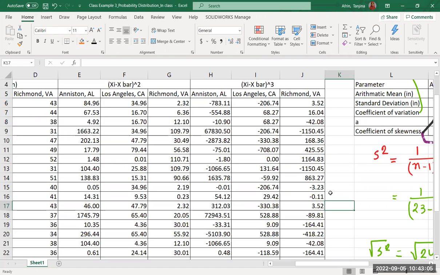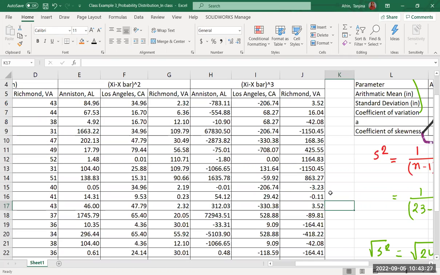So 9 minus N65. Where is N65? That should be N5, I guess. That one should work now.